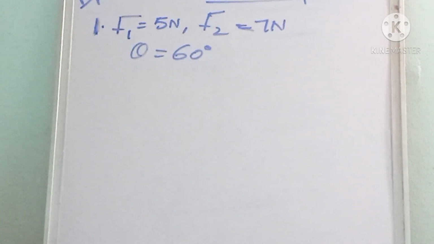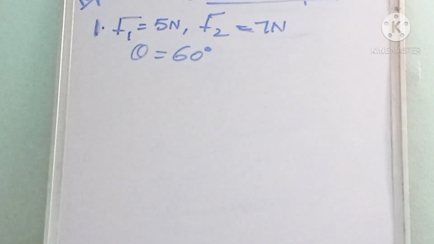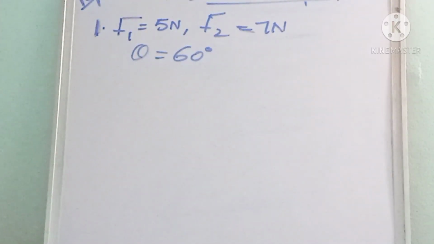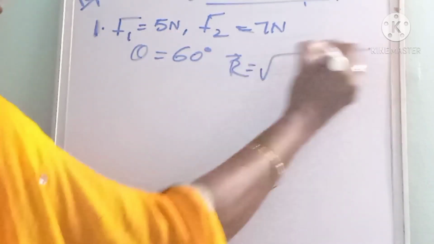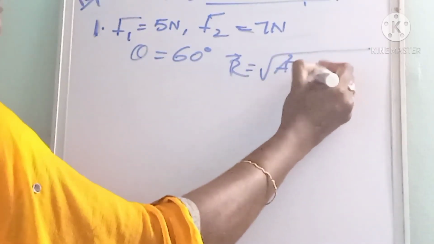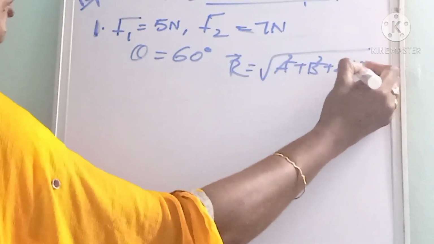Actually, if we have two vectors inclined at some angle, then we know how we can get the resultant of the two vectors. You know the equation for the magnitude of the resultant vector: R is equal to square root of a square plus b square plus 2ab cos theta.